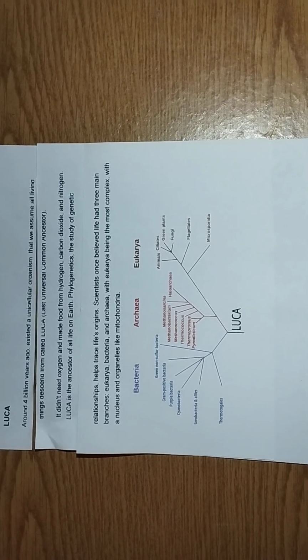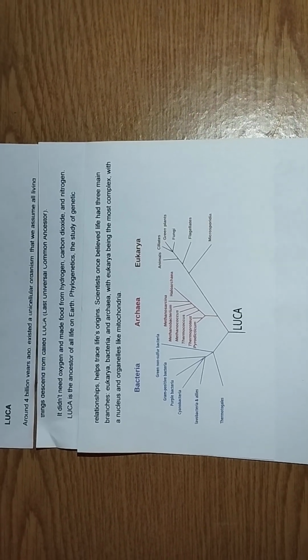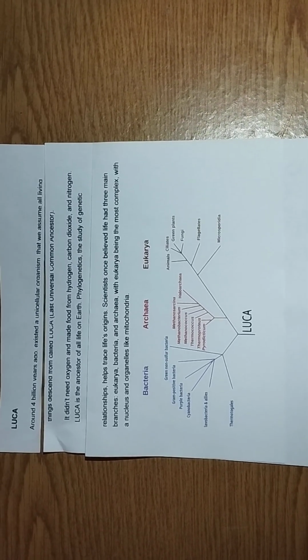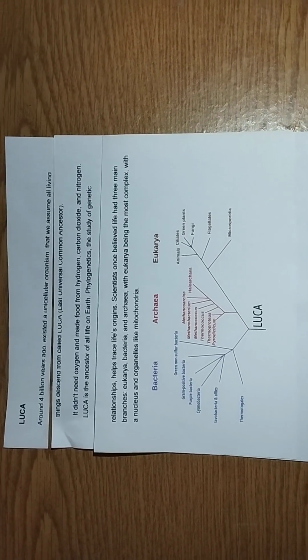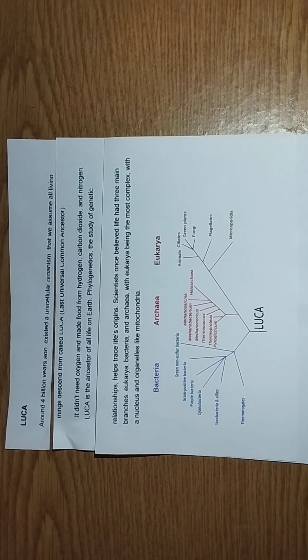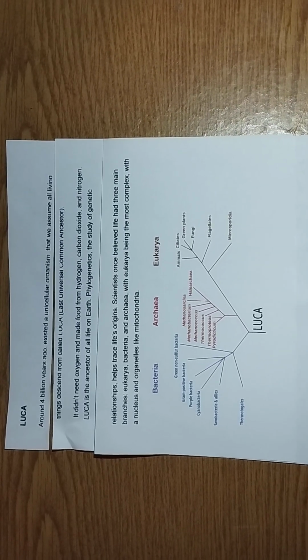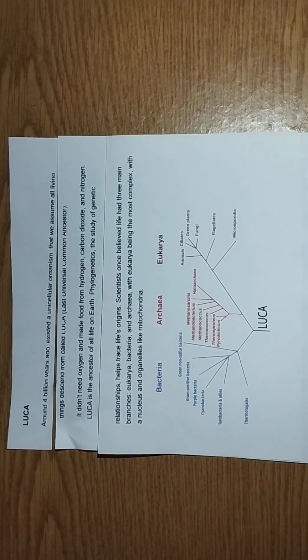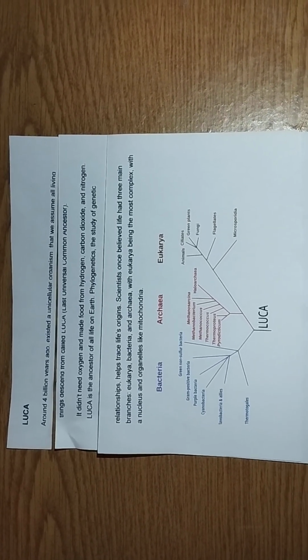LUCA is the ancestor of all life on Earth. Phylogenetics, the study of genetic relationships, helped trace life's origins. Scientists once believed life had three main branches: eukarya, bacteria, and archaea, with eukarya being the most complex, with a nucleus and organelles like mitochondria.